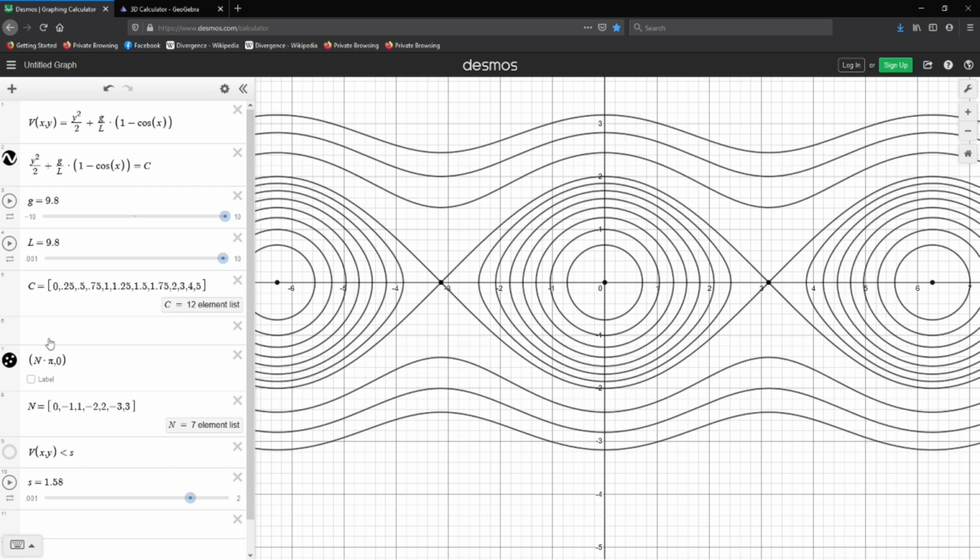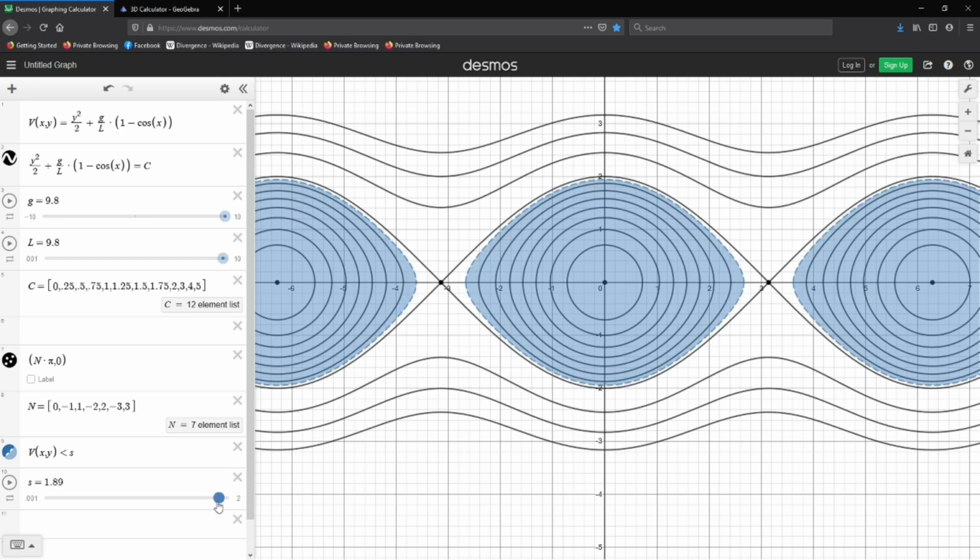So if we look at the regions where V of x, y is less than s, these regions correspond to exactly the regions that are surrounding all of the stable critical points. And for this example, we can bring s all the way up to 2, for the separatrix of these level curves.